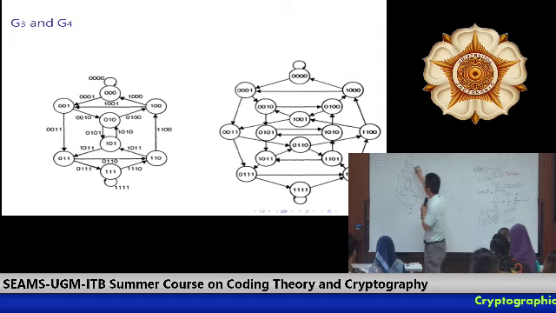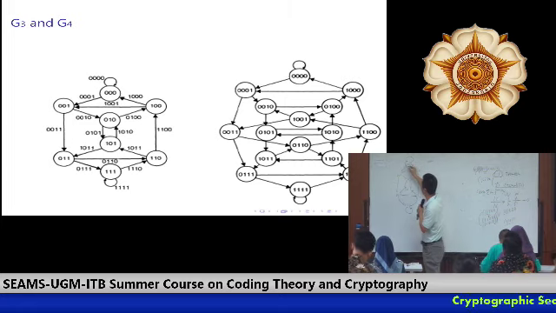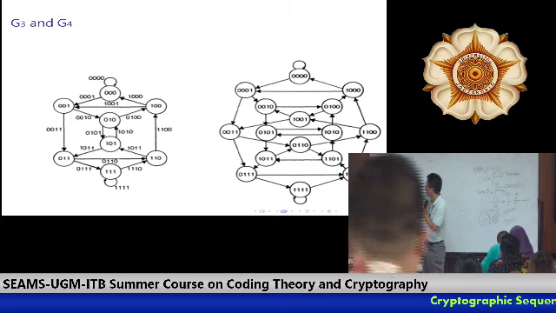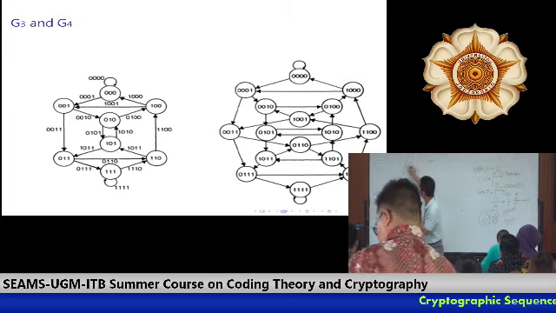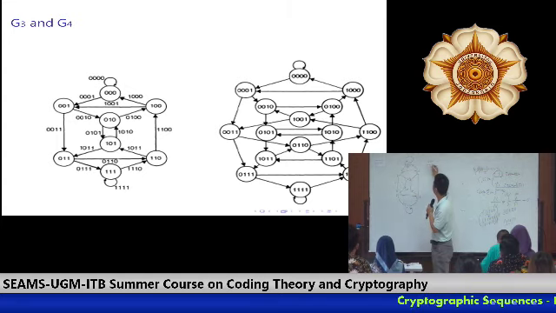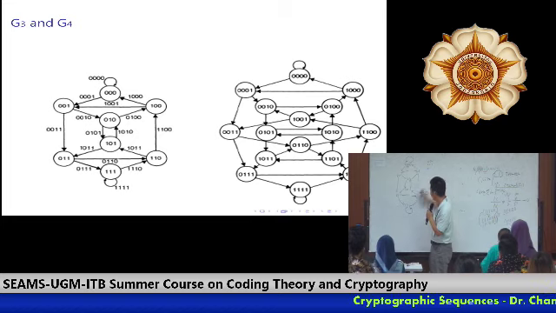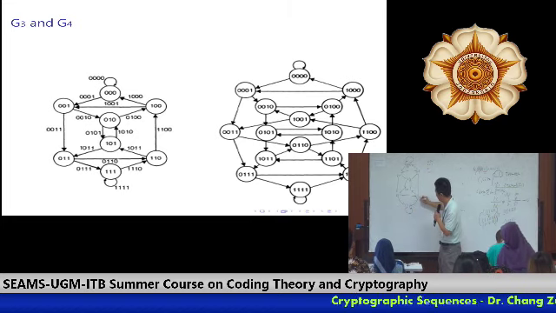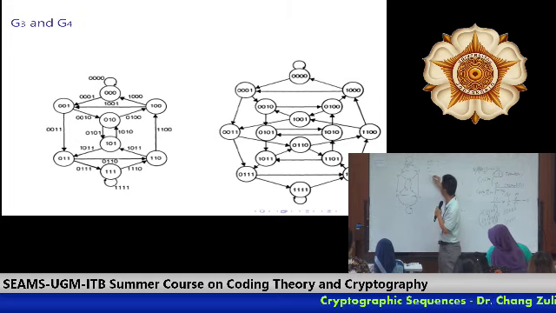Firstly, from 0, 0, 0, from here we run to here, 0, 0, 1. Here, 0, 1, 1, through the state, okay? Here, 1, 1, 1. Here, 1, 1, 0.